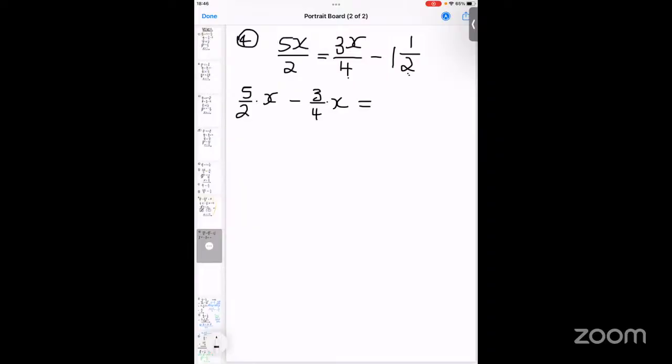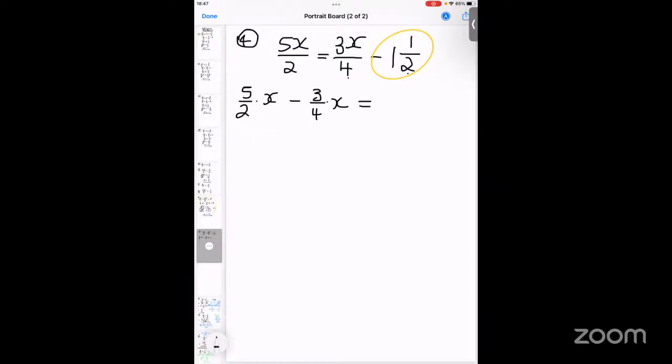Sir, do I work out 5 over 2 minus 3 over 4? No, I wanted to know this as a fraction, as something over something. Yes, sir. Do you know how to work it out?